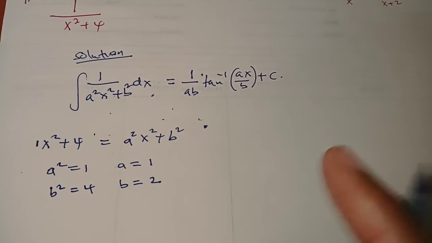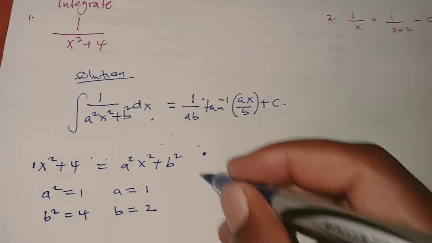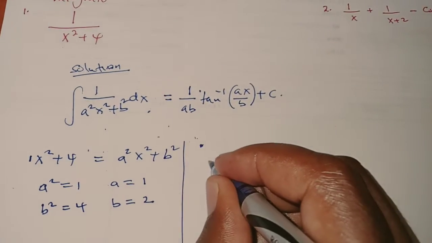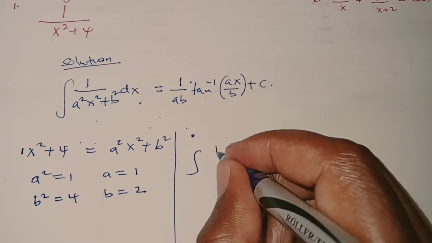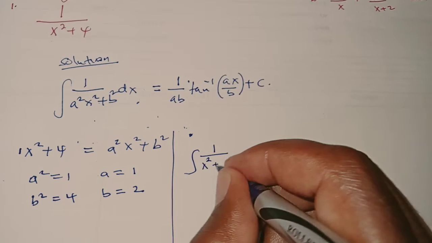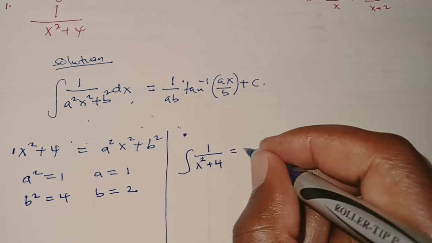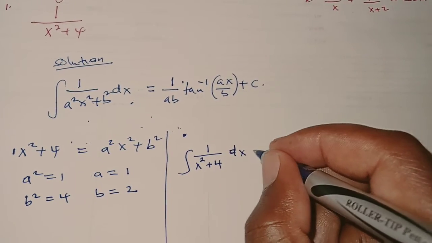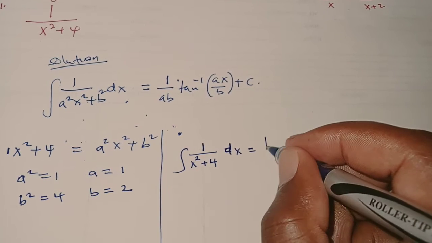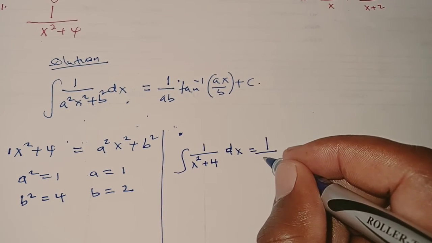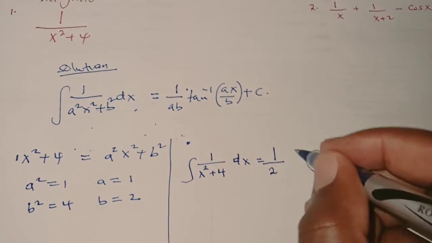Okay, great. So it means now we can substitute this in our formula, and so our integral of 1 over x squared plus 4 dx is equal to 1 over a is 1 and b is 2, so that's 2.